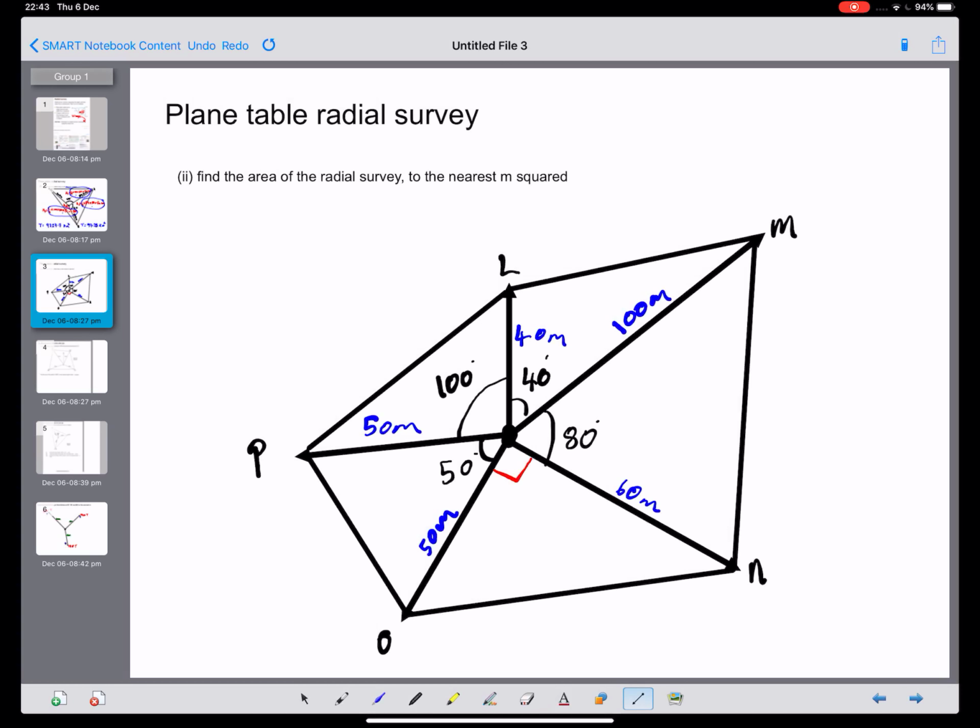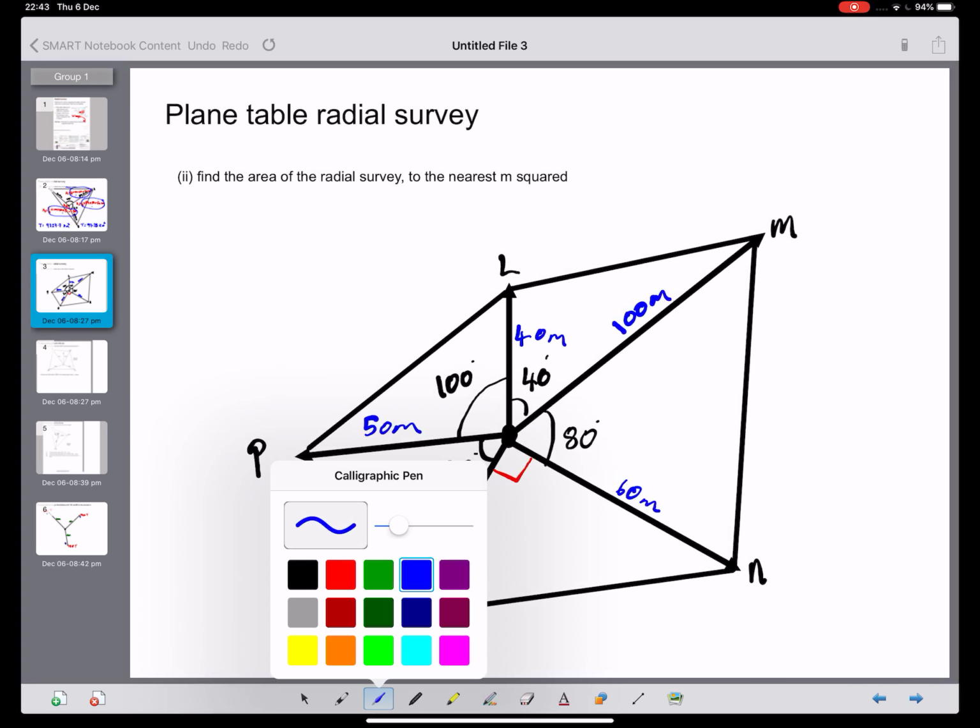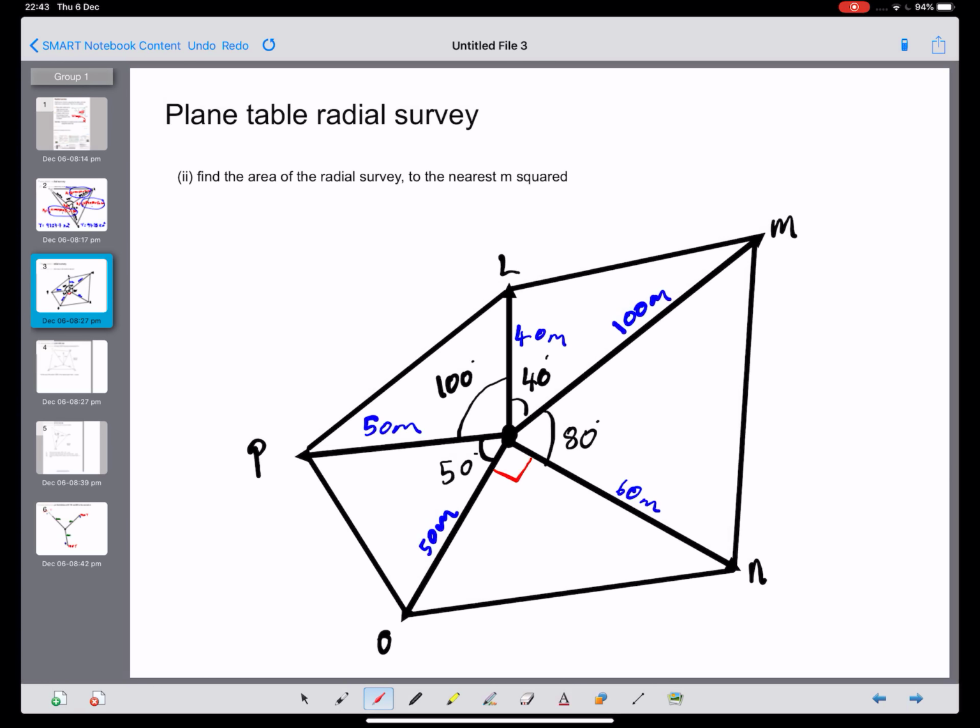Okay, so we need to work out these individual areas. I'm not going to do them all, I'm just going to do this one. Call this A1, A2, A3, A4, and A5. So you're going to have 5 applications of the area formula. Let's look at A1.